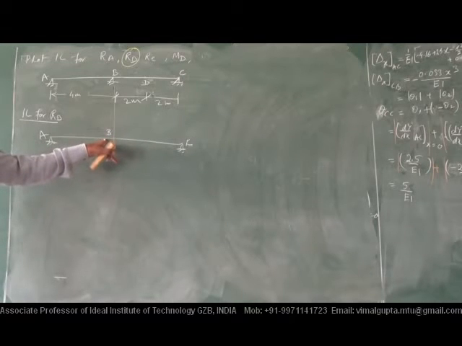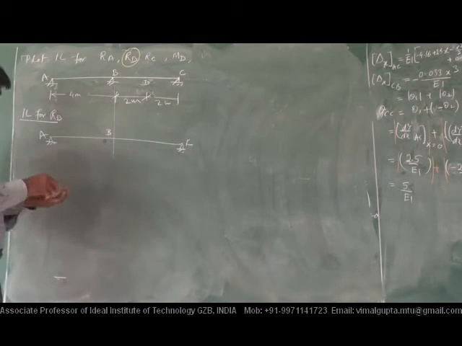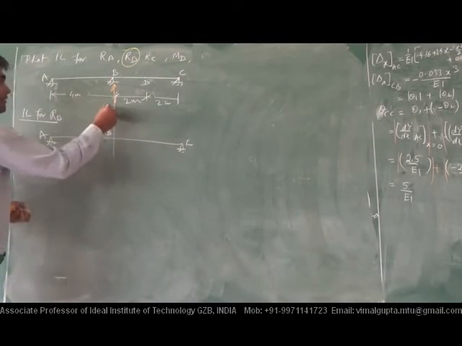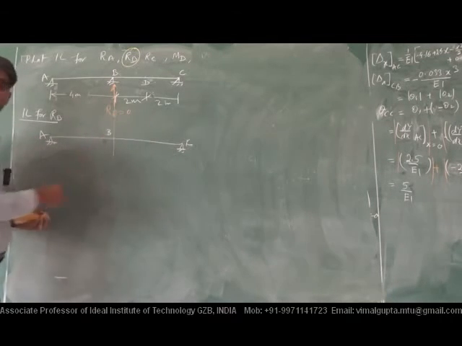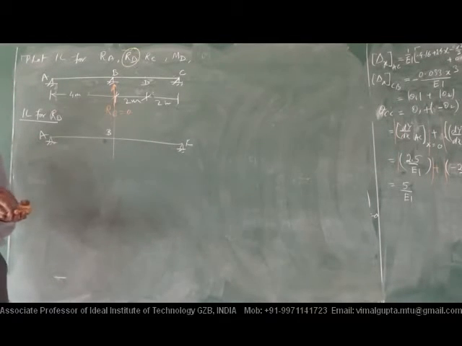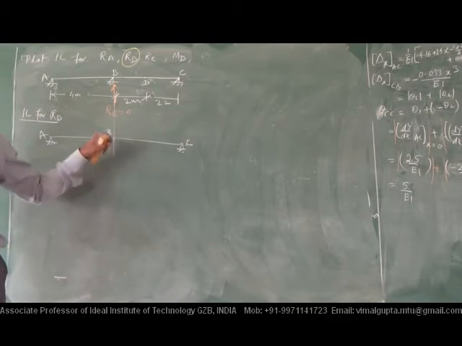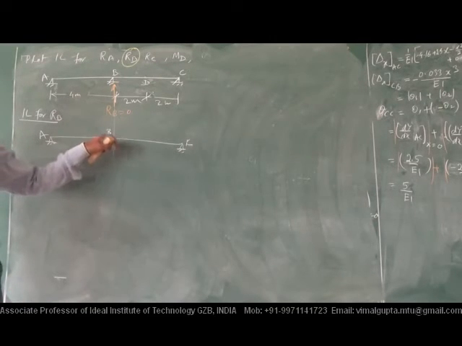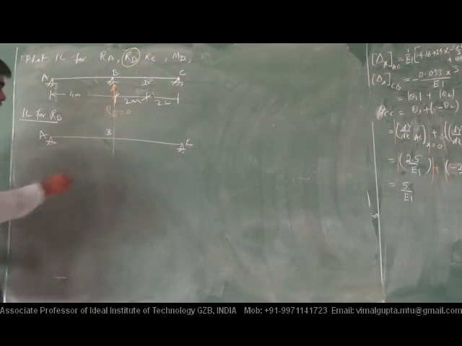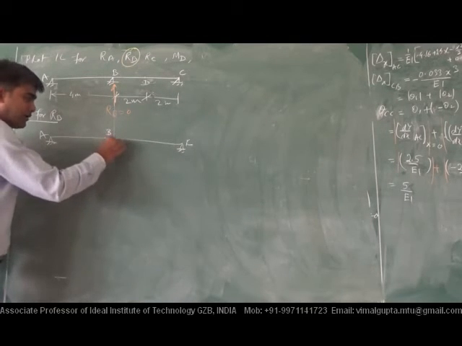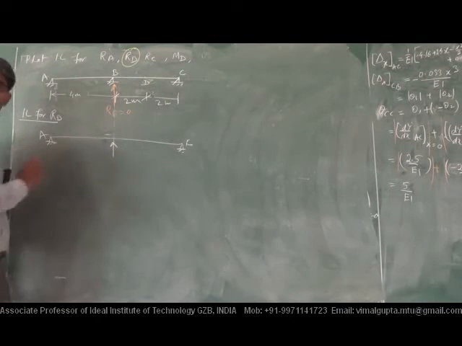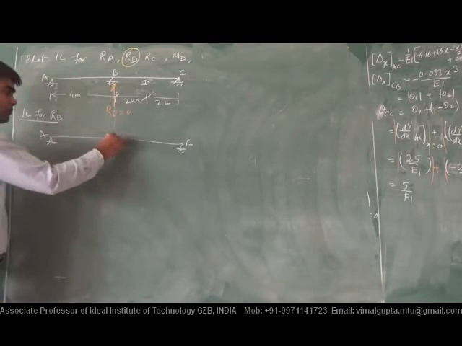If I remove this RB, if RB is 0, what does it mean? There is no support, and we have to apply unit rotation, unit displacement here. So for that, we must apply a certain value of load.